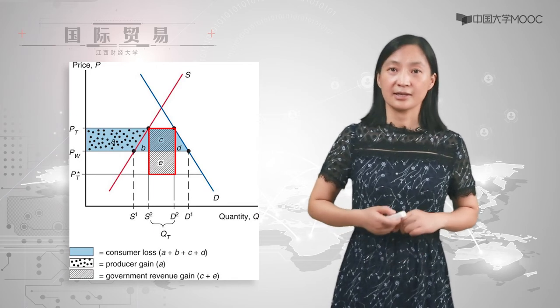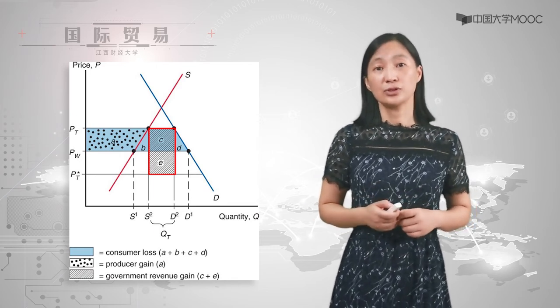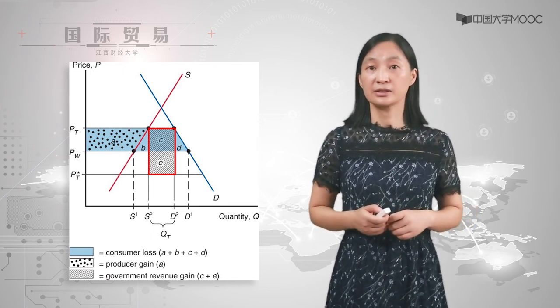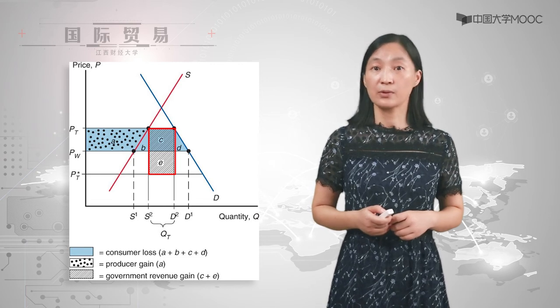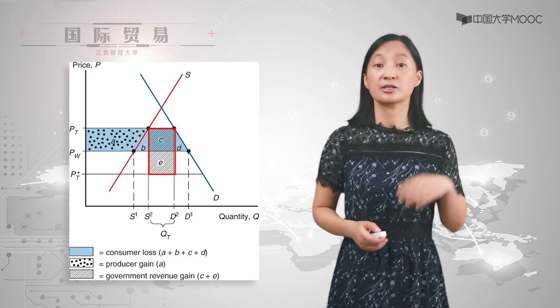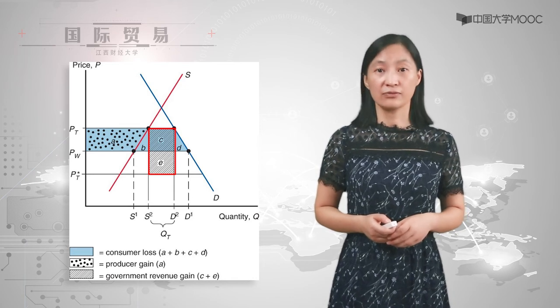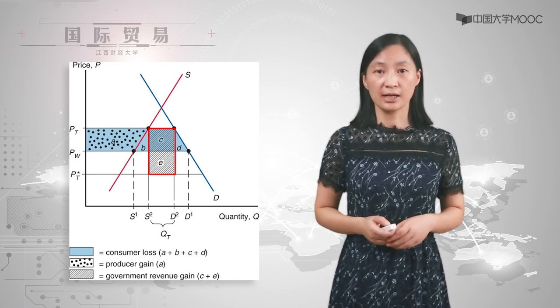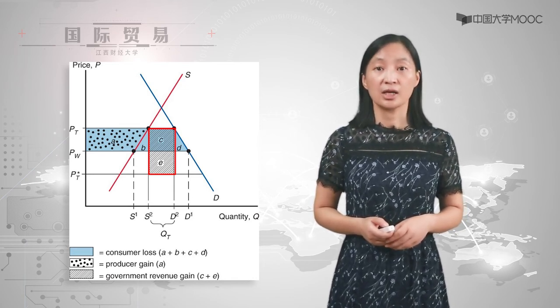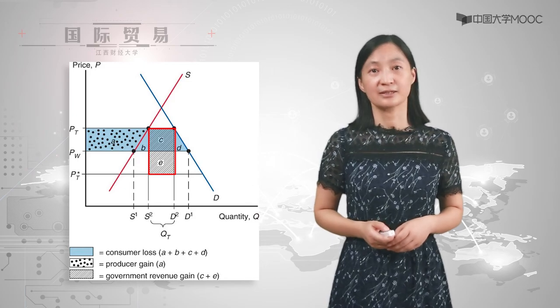Notice that the tariff revenue accruing to the government now comes from foreign producers as well as domestic consumers. Thus, the revenue effect of an import tariff in the large nation includes two components.